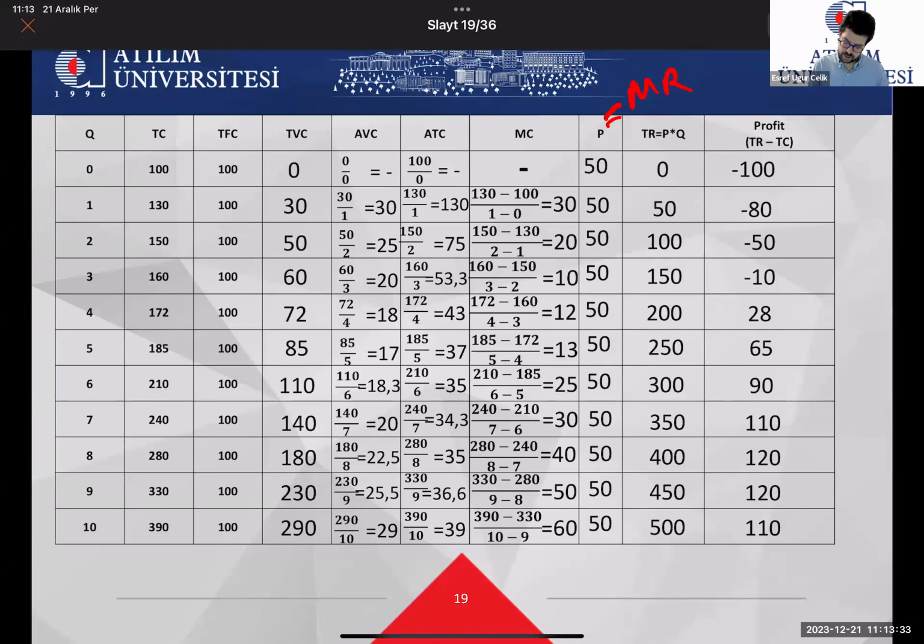So in the first row, marginal revenue is greater than marginal cost, so we can continue to produce. You see, at that level, there is equality. After that, it turns into, again, I wrote it wrong, sorry about that.